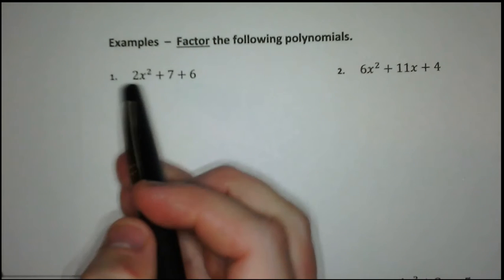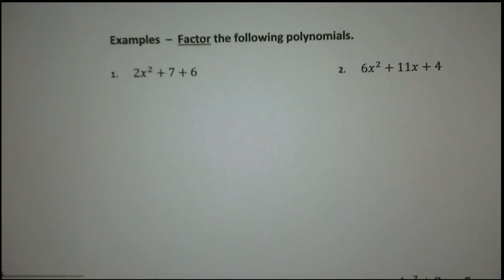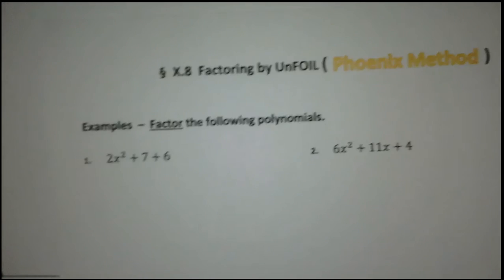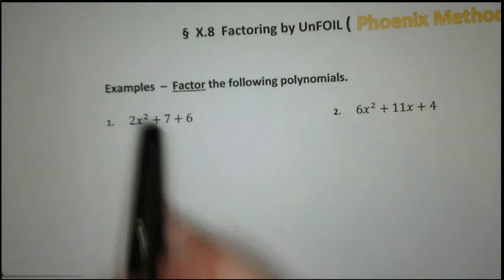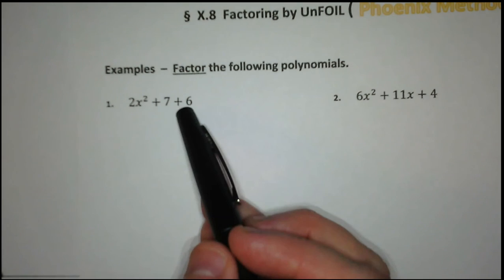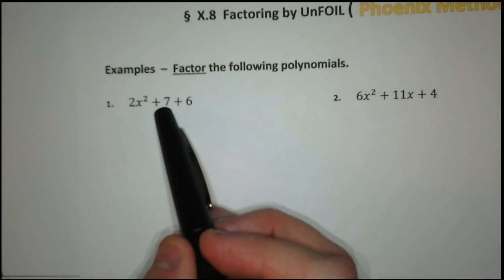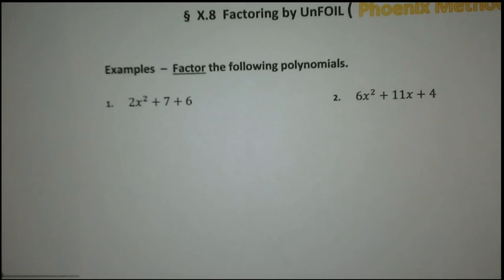But I'm telling you, because that leading term is a 2x squared and not just x squared, this 2 way out in front is screwing everything up. We can no longer play the game of, oh, what two numbers multiply to make 6, but also add up to 7. That game no longer applies, right?